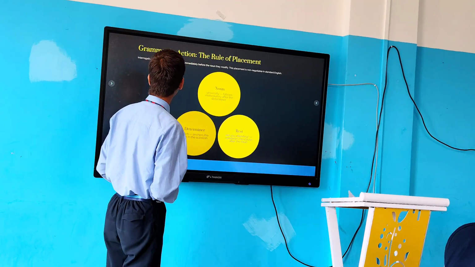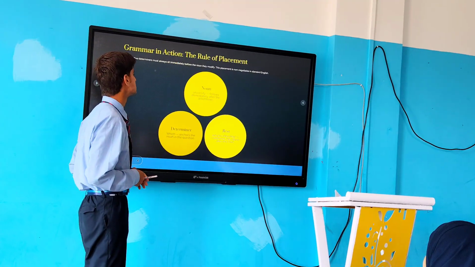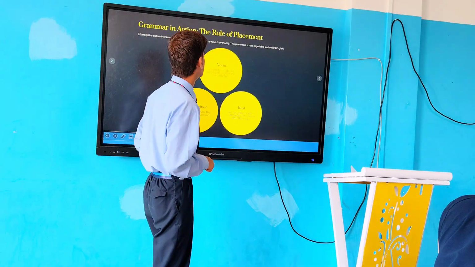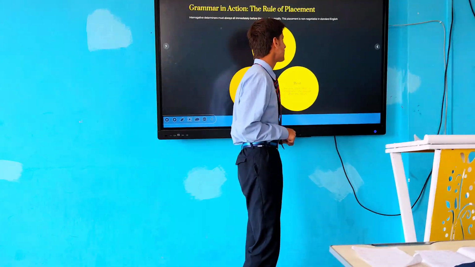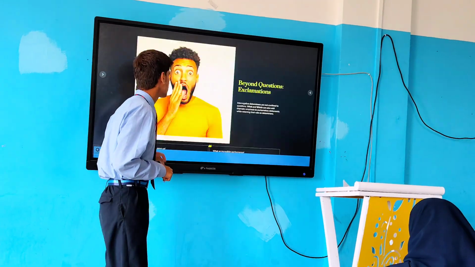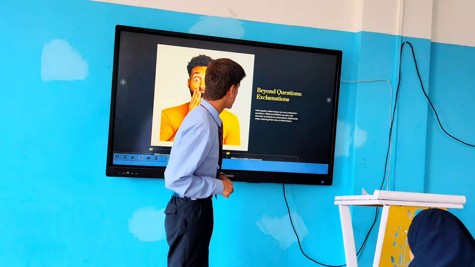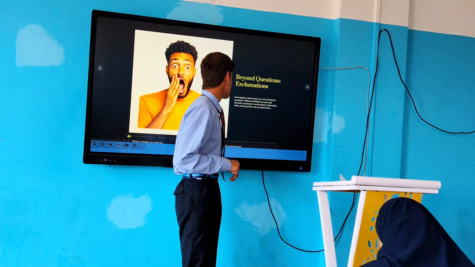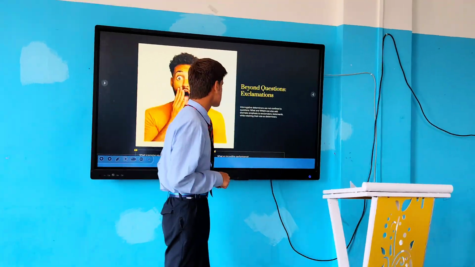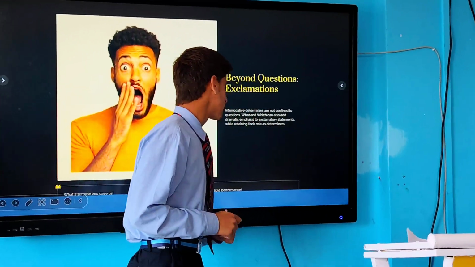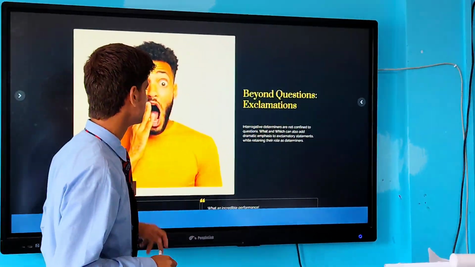So, interrogative determiners must always be set immediately before the noun as a modifier. The placement is non-negotiable in standard English. Interrogative determiners are not confined to questions. What and which can also add dramatic emphasis to exclamatory statements while retaining their role as determiners.